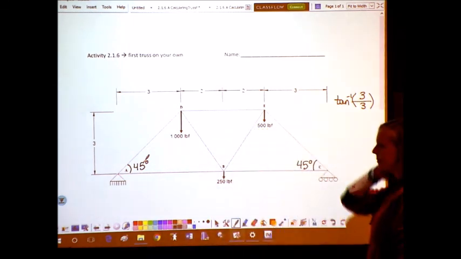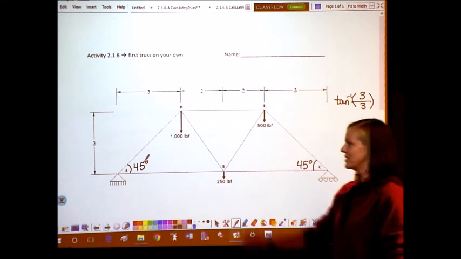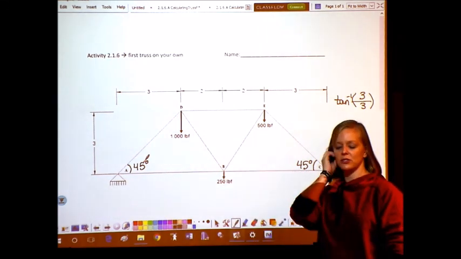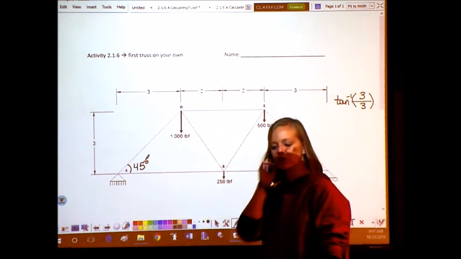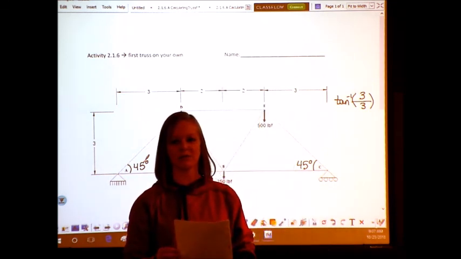I'm praying we can do it without it, but there's a chance we're going to have to find these angles up here, and probably here too. Should we do it now, or should we just do it if we come across it? If we come across it.